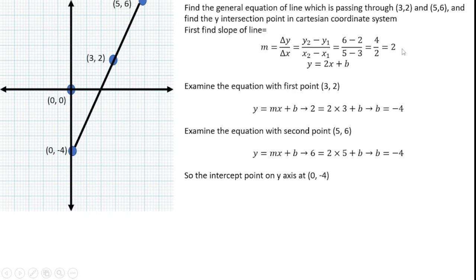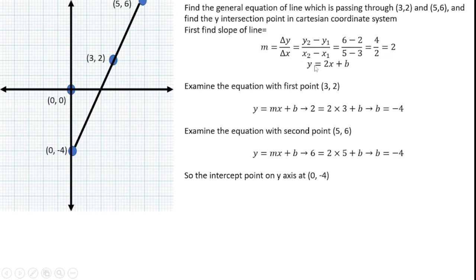So I can substitute this 2 into our parent straight line equation, which is y equal to mx plus b. So y equal to 2x plus b. Here y and x are the coordinate values, and b is the intersection point with the y axis.